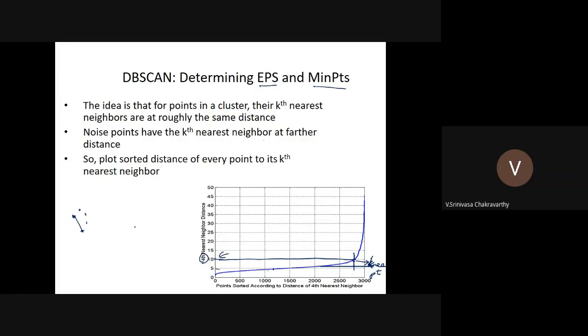Otherwise, if there are multiple densities, then the graph won't look like this. It might look something like that, right? Each of them is a cluster of different density, but we haven't seen that case. We have only assumed a much simpler situation.